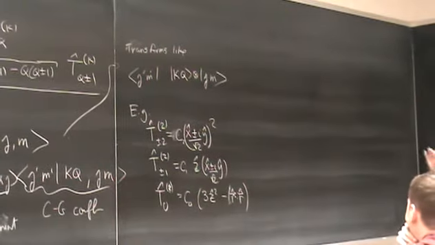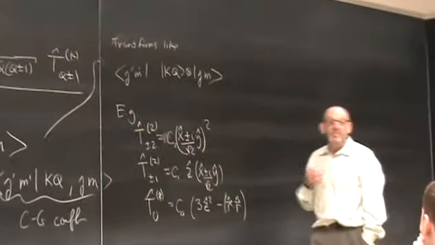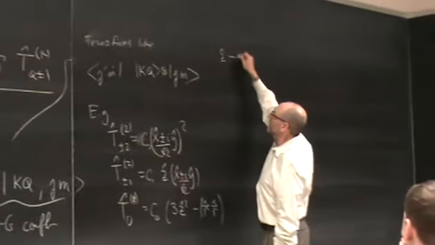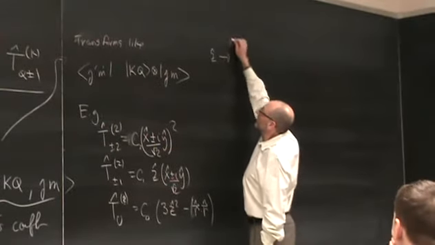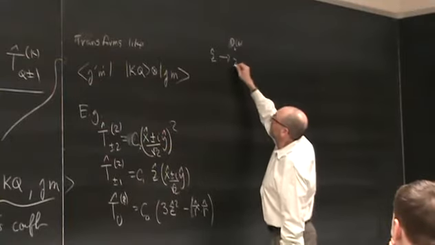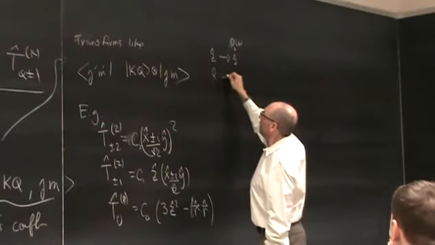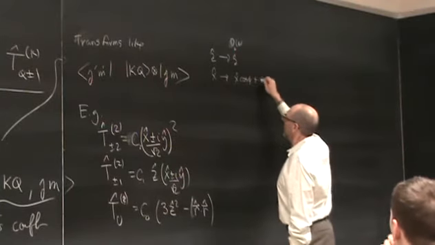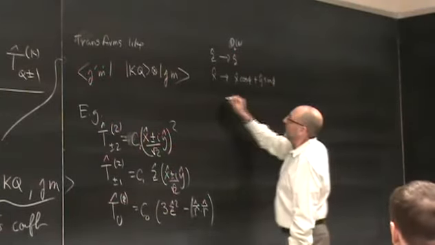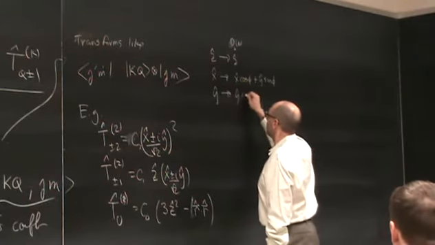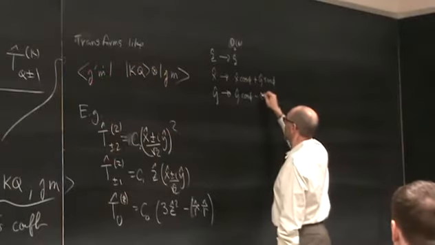If I rotated this around the z-axis, then z hat would go to z hat. x hat would go to x hat cos phi plus y hat sine phi, and y hat would go to y hat cos phi minus x hat sine phi.